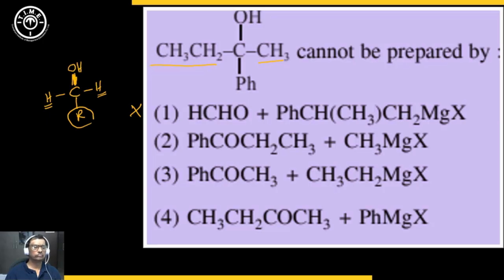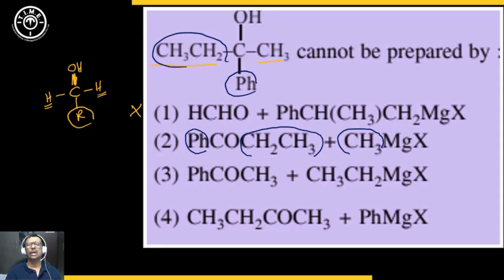Look at 2. I need to take another pen here because the background is requiring it. So a Ph and a CH2CH3 and a CH3 are present here. Ph, a CH2CH3 and a CH3. Yes, so 2 is okay. What about the third one? There is a Ph, there is a CH3, there is a CH3CH2. That is what you required. A Ph, a CH3 and a CH2CH3.